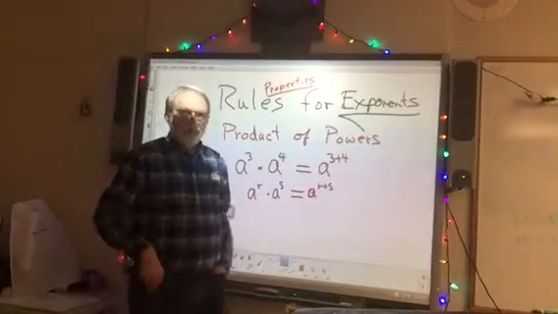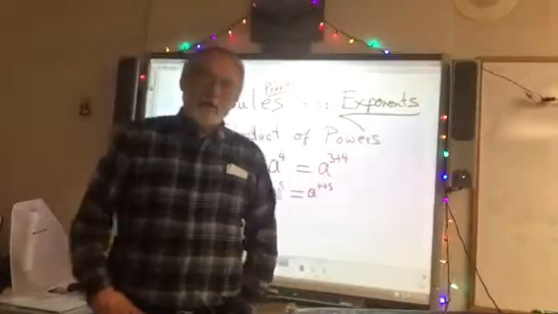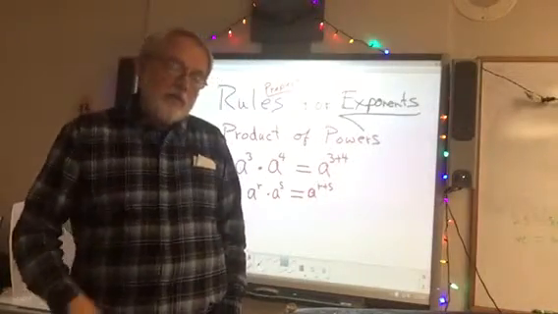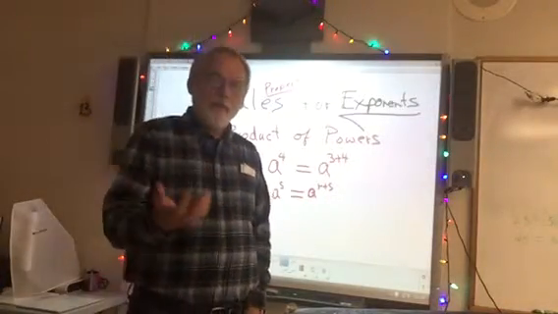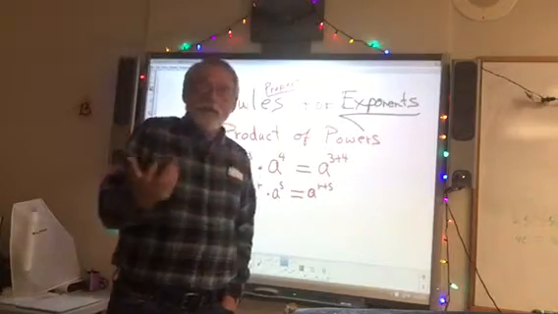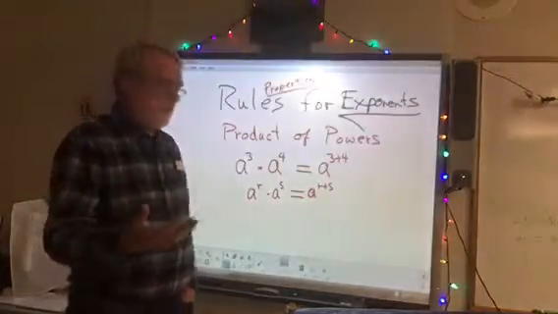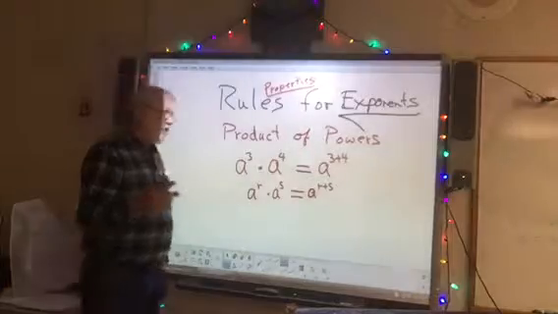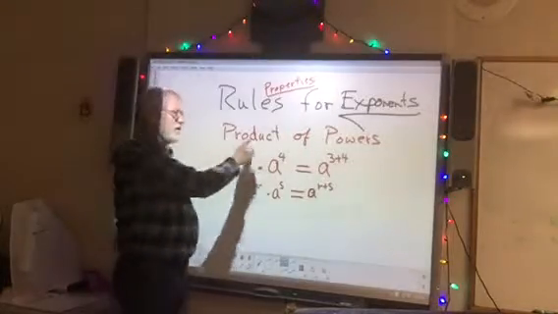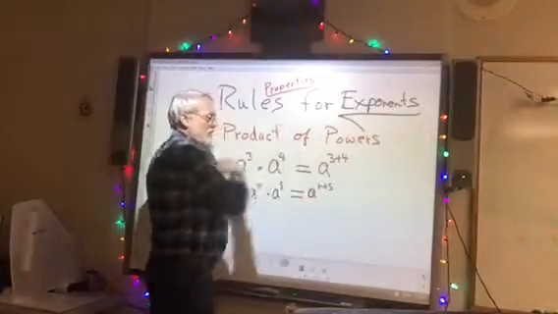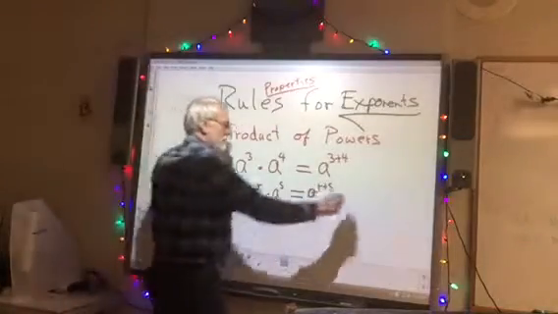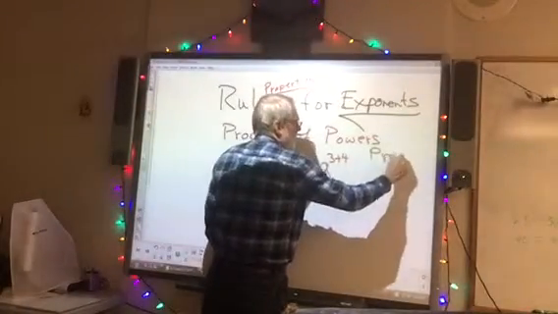There are properties that are involved with exponents. There are a number of properties, or rules, if you will. There's rules of operations. There's properties that indicate what can be done and how it can be done. The first one that we want to look at is called the product of powers property.